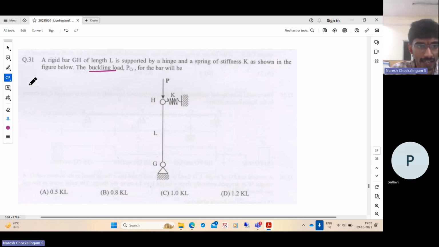What is buckling load? So we define the buckling load. It is the margin between the values of load for which the straight configuration is stable and unstable respectively. So if you have P less than the critical load P critical, then the straight configuration is stable.